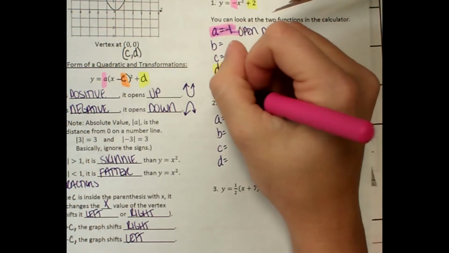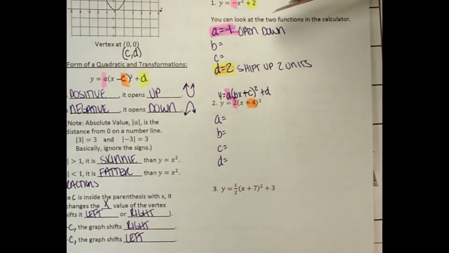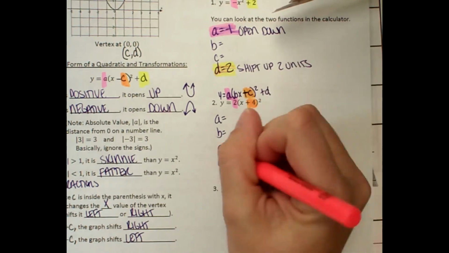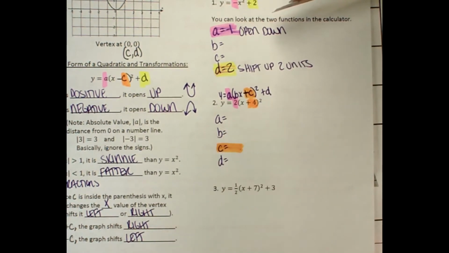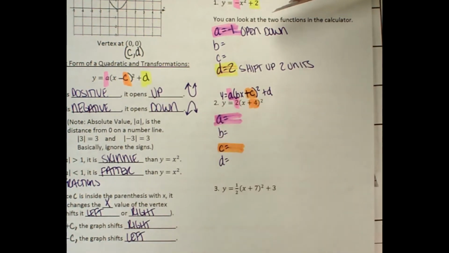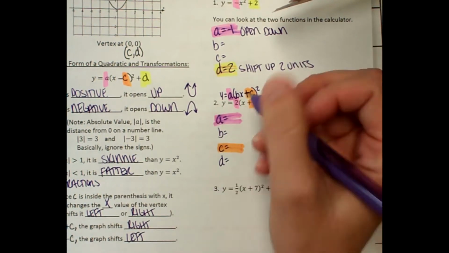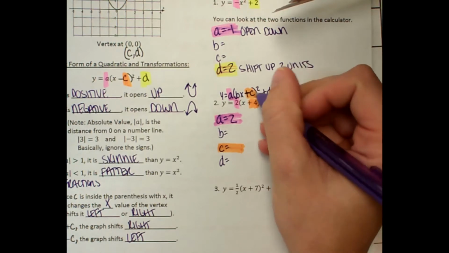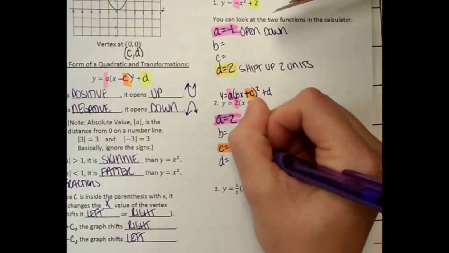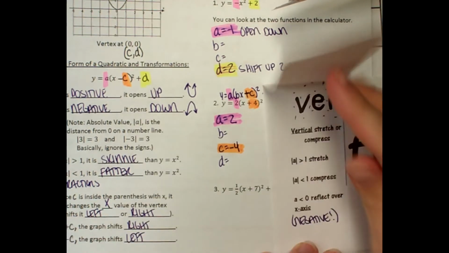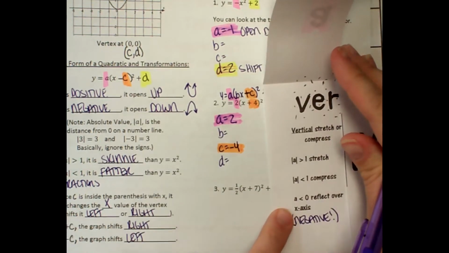So because A is in front, just like that, and then C is right here, so A is equal to 2, and C, you have to remember, is the opposite. So this is a +4, which makes it a -4. So A, it's positive, so that means there's no reflection.